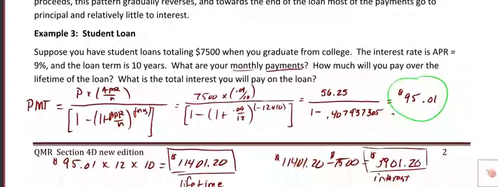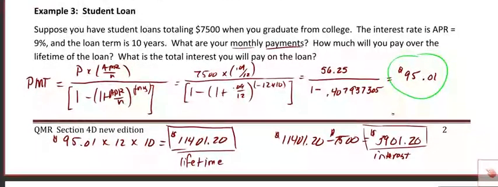So it would be $95.01 times 12 times 10 to give me what I would pay over the lifetime of that loan. Well, that ends up being $11,401.20. So that's what I end up paying back for the $7,500 loan.